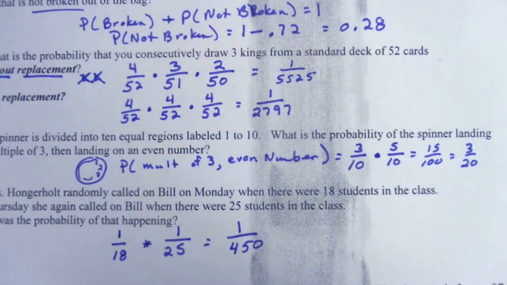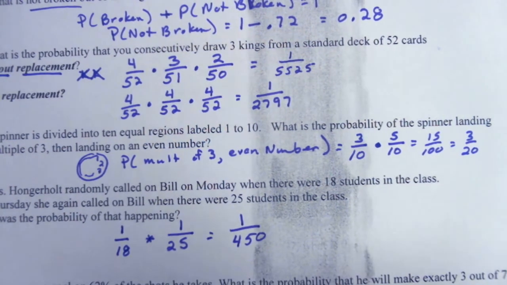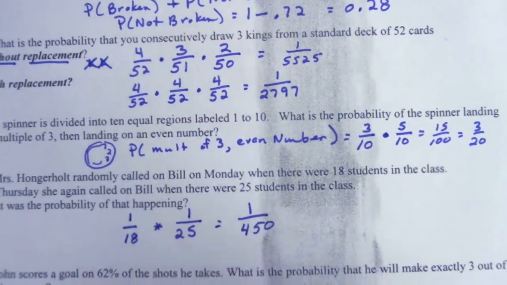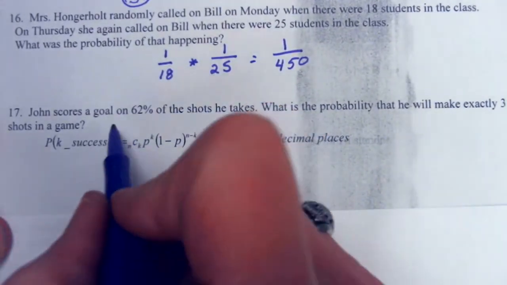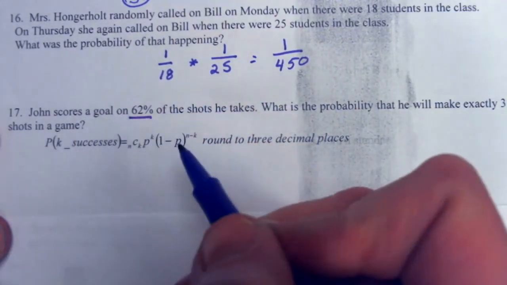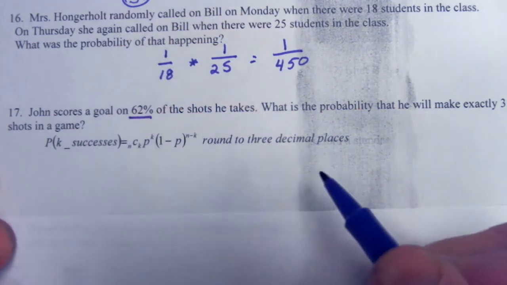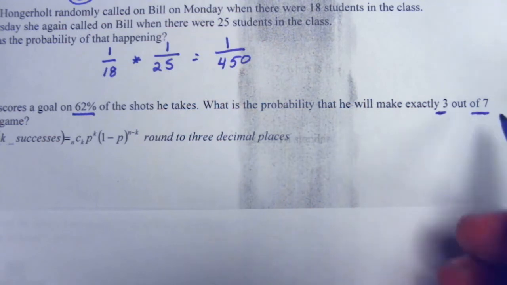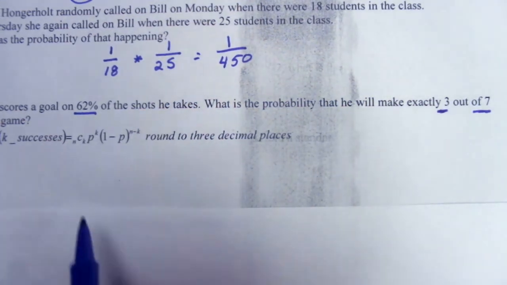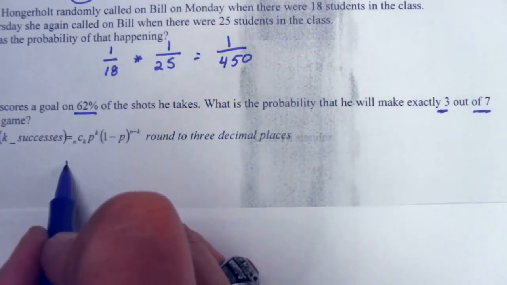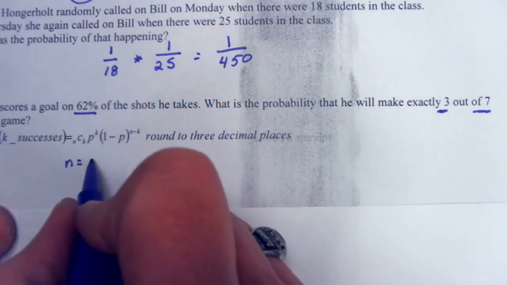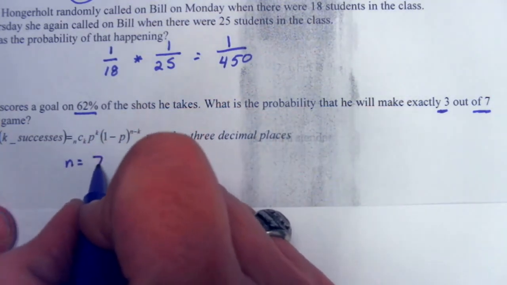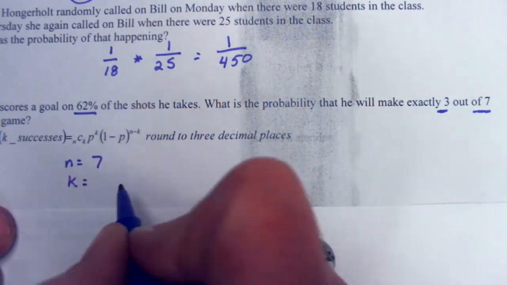Now, number 17. This is a lot like number 19 when we get to that one. Okay. John scores a goal on 62% of the shots he takes. What's the probability that he will score exactly 3 out of 7 shots in a game? So we need this formula. N is equal to the number of times he shoots, so it's 7. K is the number of successes.